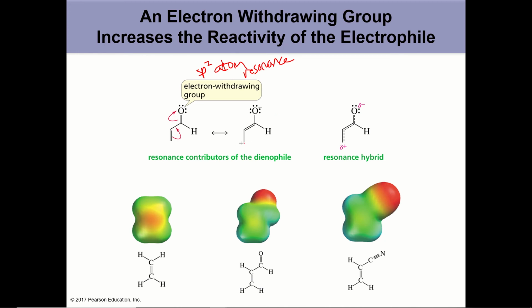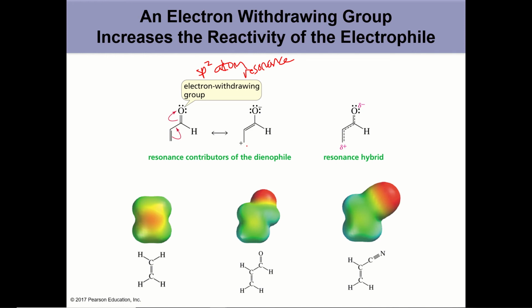And then we have a resonance structure, you see, with a positive charge at this terminal carbon and a negative charge on the oxygen. What that means is that our diene is going to bond at this positive carbon first, because this is the most positive carbon in the molecule.